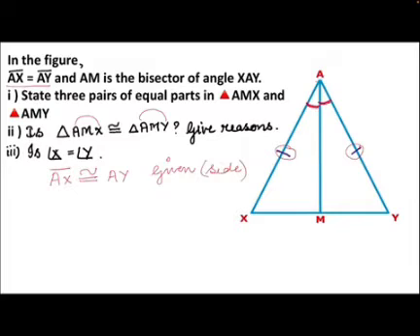Next, look at the angle XAM and the angle YAM. Okay, so those two angles are congruent. The angles which are congruent are angle XAM is congruent to angle YAM.